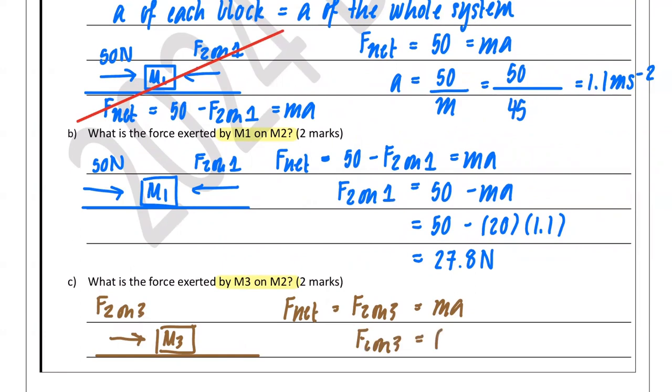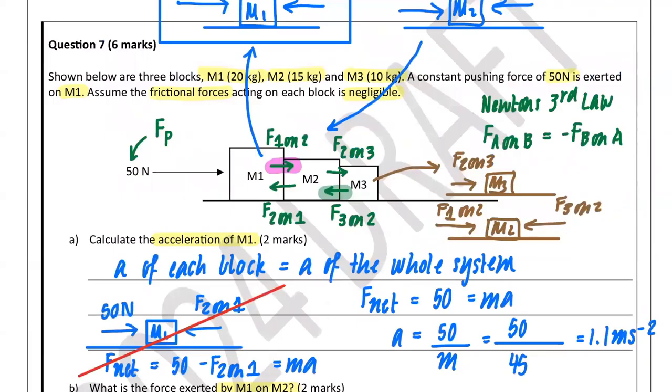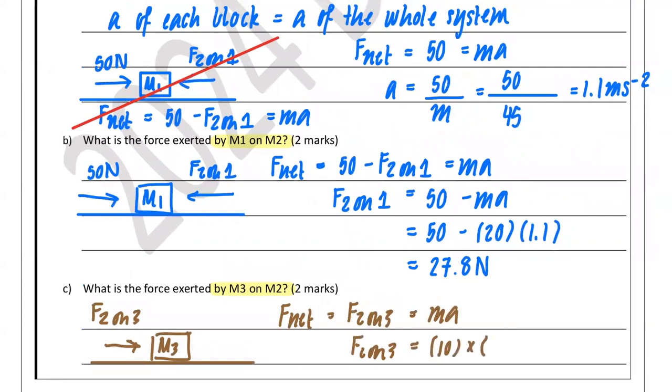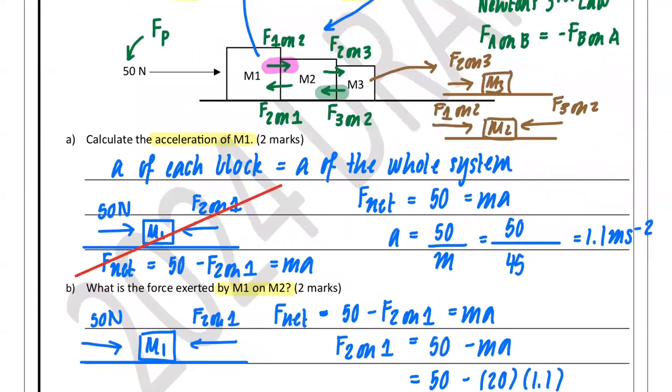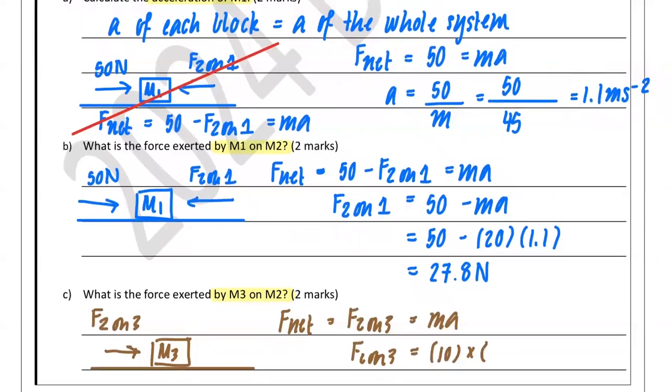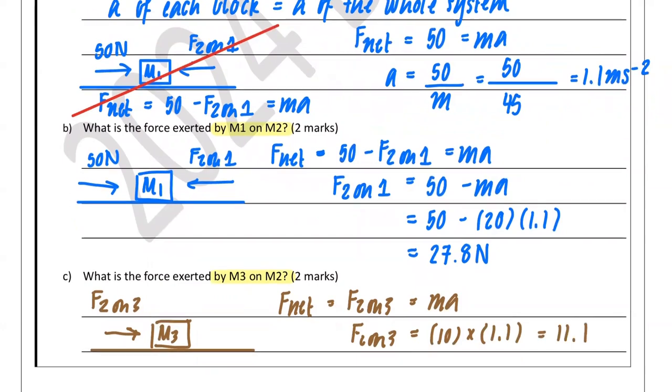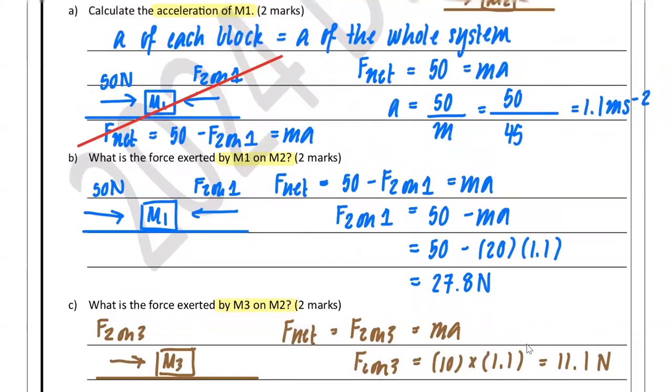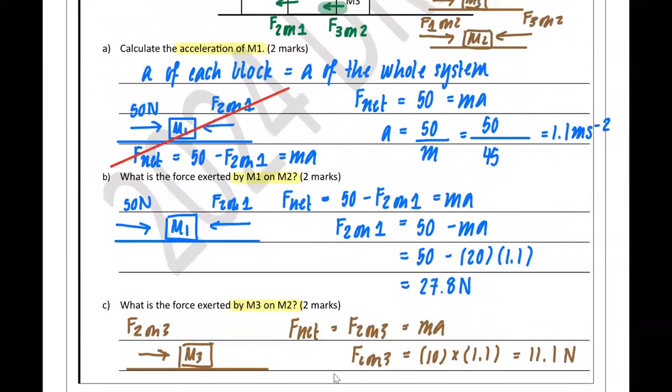I know that the mass of block 3 was 10 kilograms, and the acceleration of block 3 is the same as the acceleration of the whole system. So that is still going to be 1.1. So it's 10 times 1.1, and that gives you 11.1 newtons. Okay, so this is it. This is the question done. Hopefully that makes sense, and let me know if there are any questions.